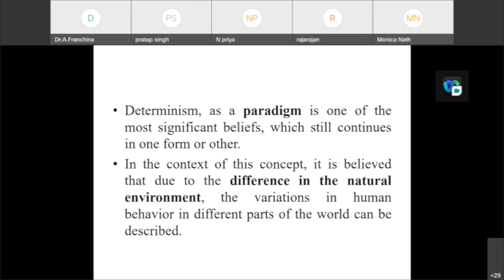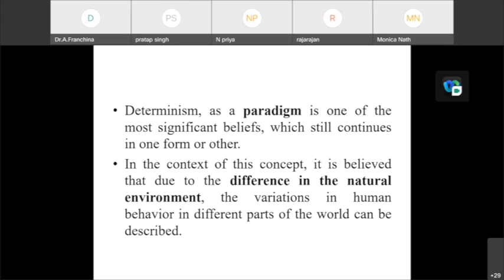This is all based on the latitudinal extension that we are dividing the earth. Now, what they are telling is the difference in the natural environment. So my question now is, is the same type of economic activity seen in all the latitudinal extensions?